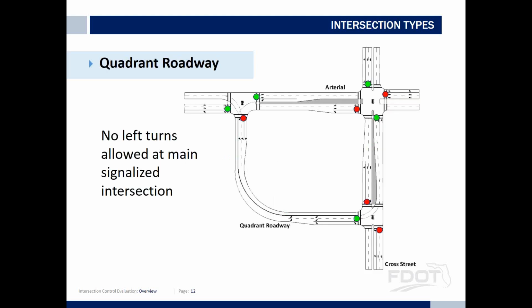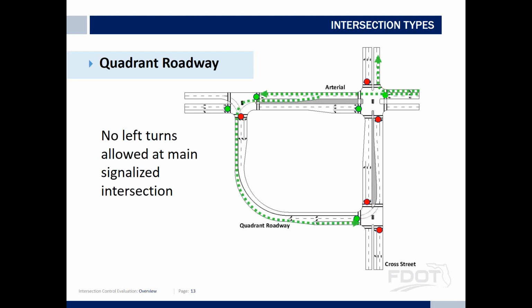The Quadrant Roadway is another flavor. Again, it treats the left turns, and this is the common theme. We're redirecting the left turn movement to allow a better operation and a safer intersection. The way they operate is if you're coming in on the east side, eastbound movement, you would make a right to make a left, or make a right or go through. Same thing on the cross street from the north side, northbound, or east.